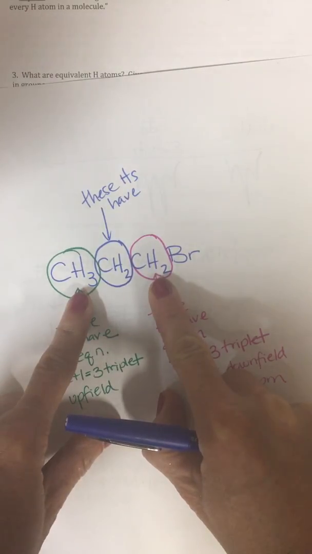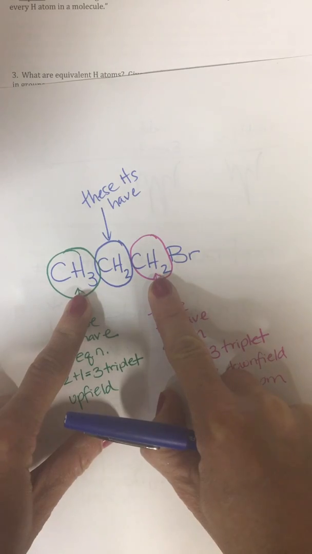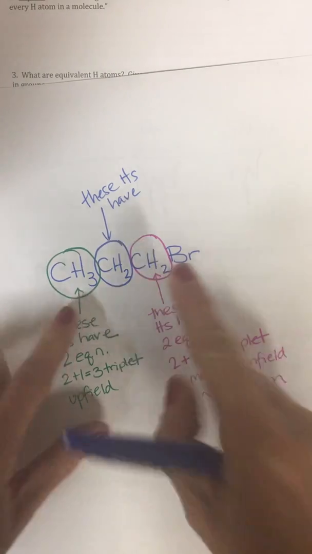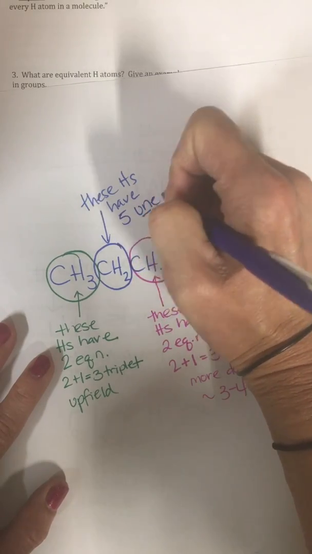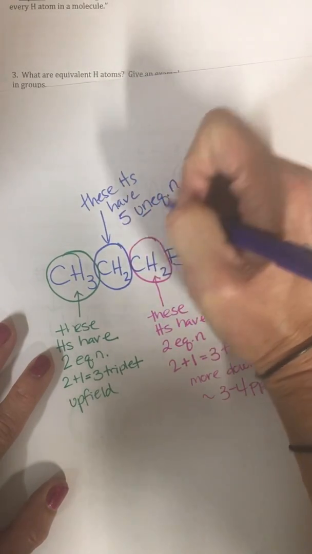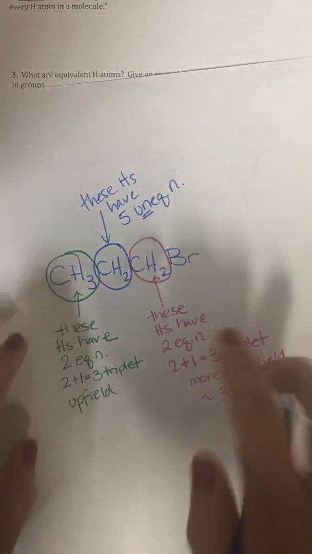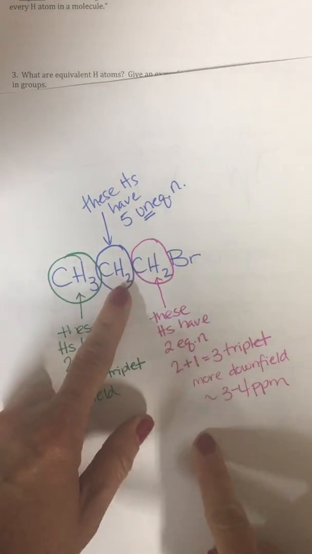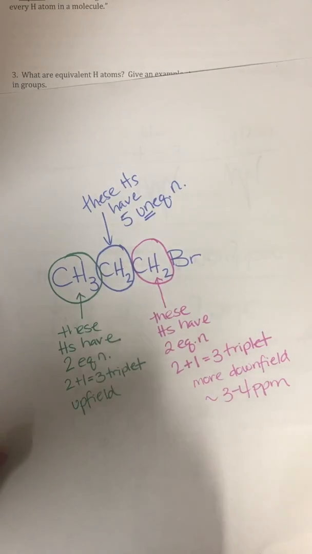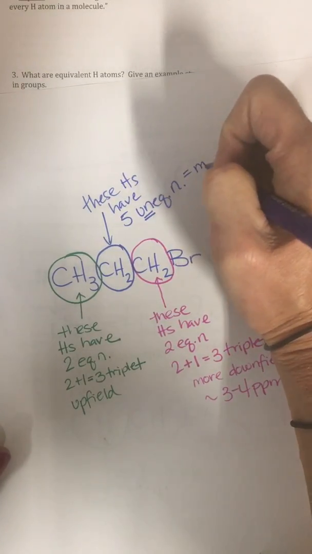They are not equivalent to each other. So we say these hydrogens have 5 unequivalent neighbors. So again, these are not the same types of hydrogen. So these guys have 5 unequivalent neighbors. So this is called a multiplet.